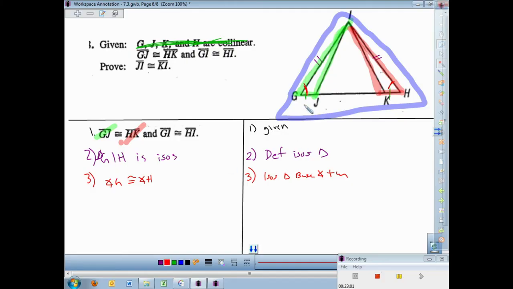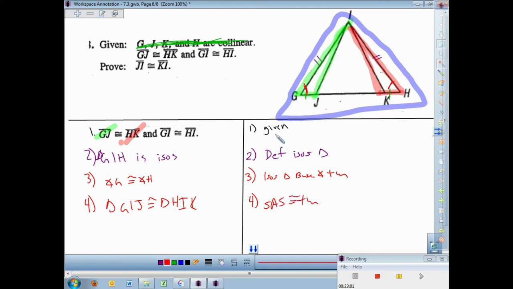So now that I have that, check it out. Don't I have a side angle side situation going? So yes, I can say that triangle GIJ is congruent to triangle G goes with H, I corresponds with I, and J corresponds with K. So step 4, that's because of the side angle side congruence theorem.